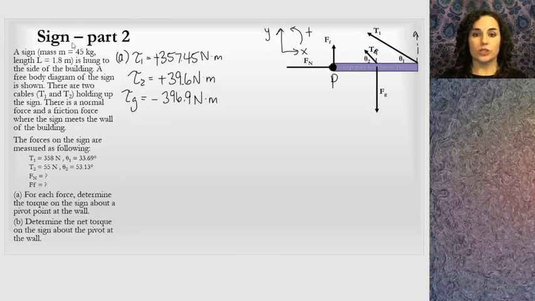I wanted to return to the sign problem again in order to look at net torque. We already did this. We looked at the torque of each individual force contributing around a pivot point P. Well, if we wanted the net torque, and I will write this net, always designate what your pivot point is, and that's why I label it.